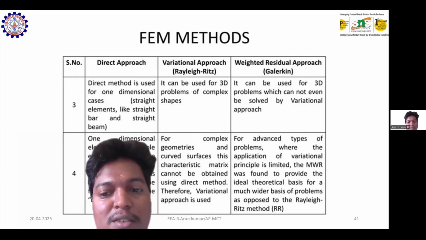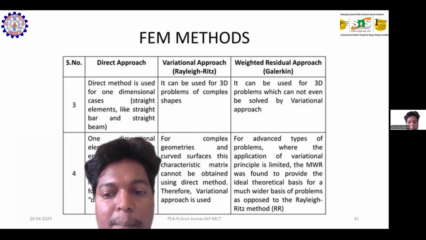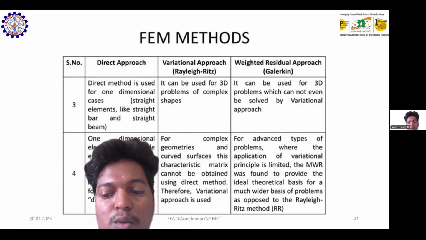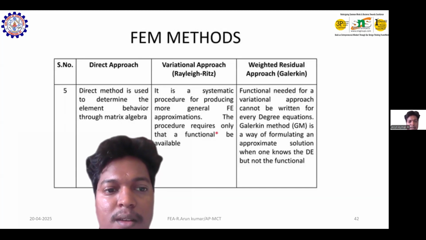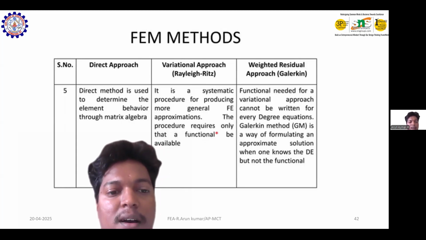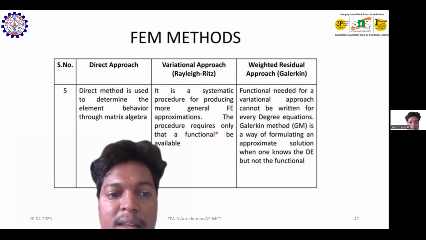For the weighted residual method, for advanced types of problems where the application of the variational principle is limited, the MWR was found to provide an ideal theoretical basis for a much wider class of problems as opposed to the Rayleigh-Ritz method. And the last one: the direct method is used to determine the behavior of the system through matrix algebra, but the variational approach is a systematic procedure to produce more general finite element approximations, requiring only that a functional be available.